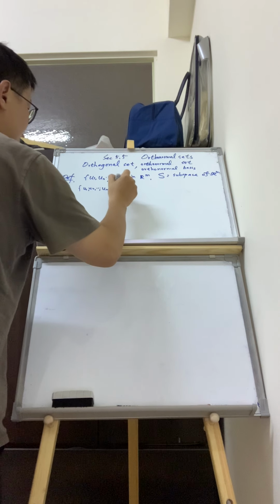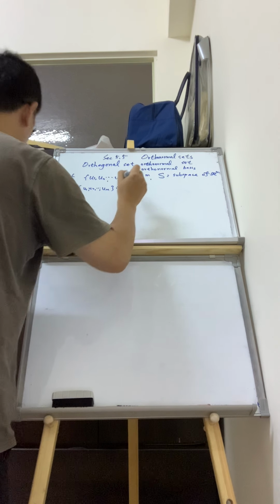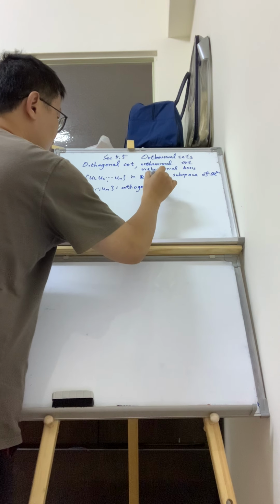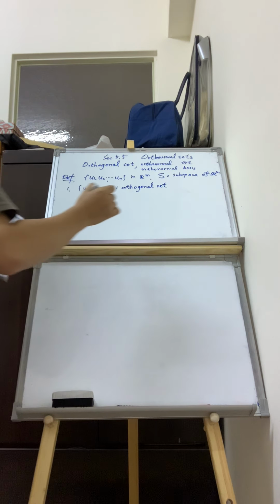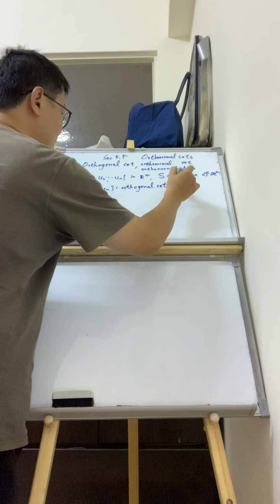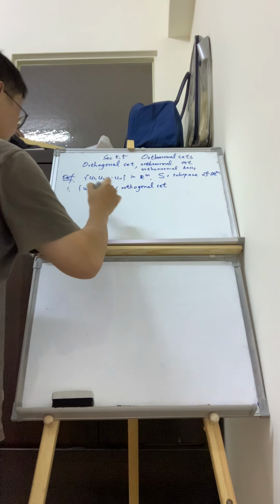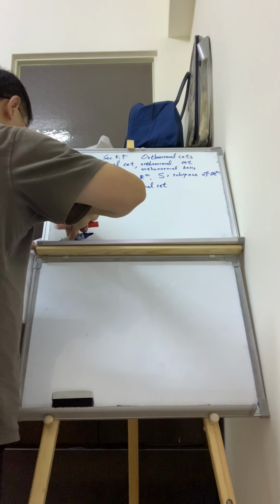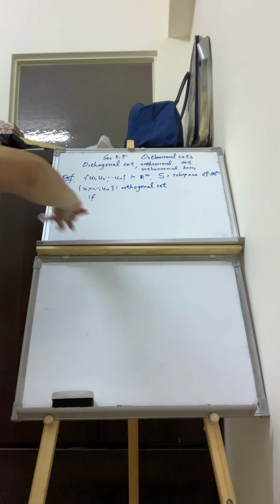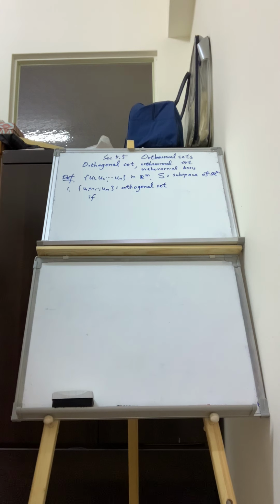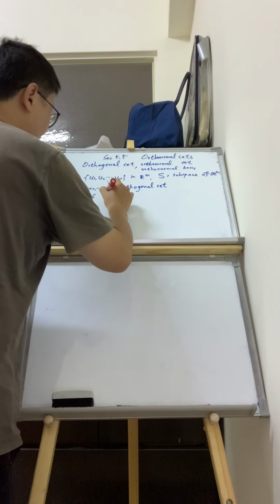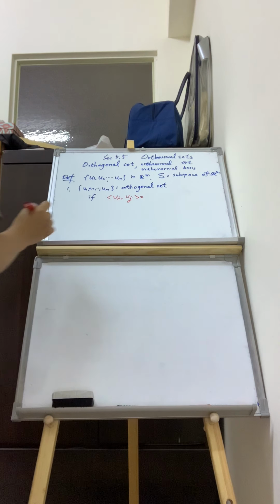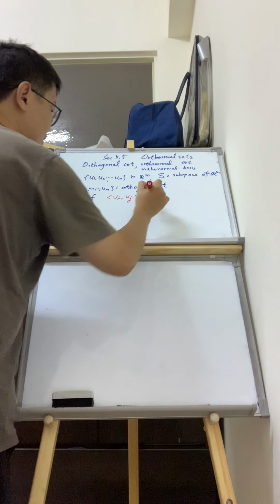If we say it's an orthogonal set, it means that it satisfies this equation: ui, uj, their inner product equals 0.